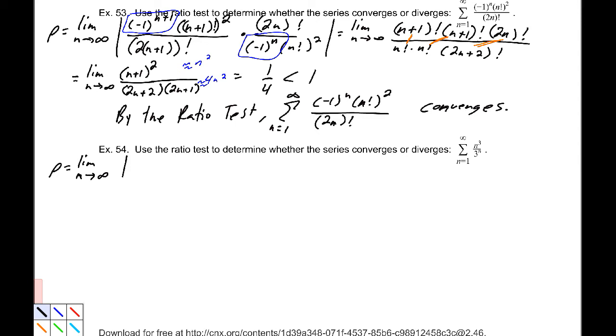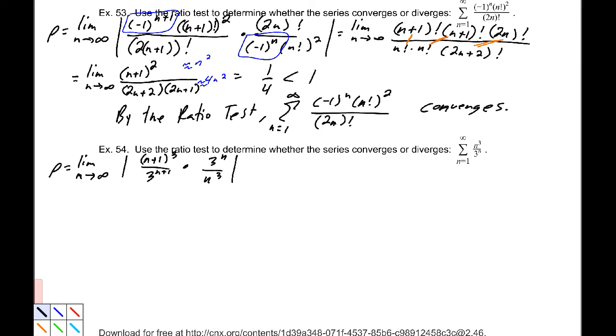We have our ratio, and that is going to be n plus 1 cubed over 3 to the n plus 1 multiplied by, again, taking the reciprocal of this for our nth term, 3 to the n, and we have n cubed. Again, all the terms are positive here, so the absolute values are useless.